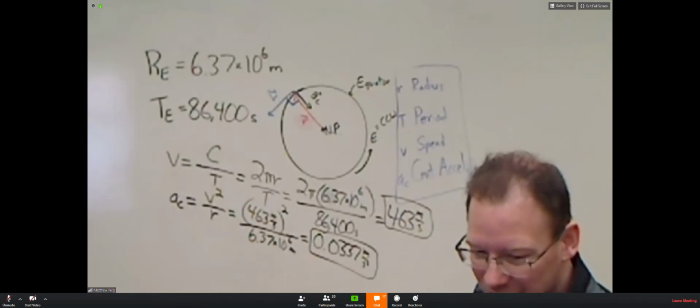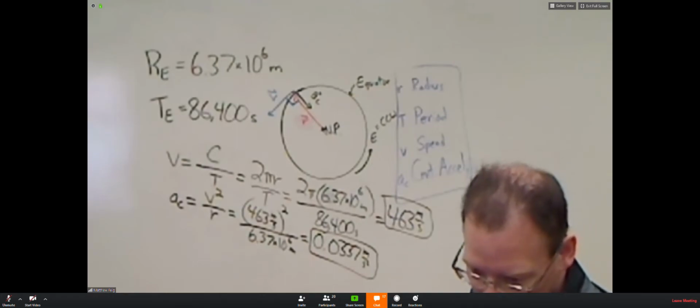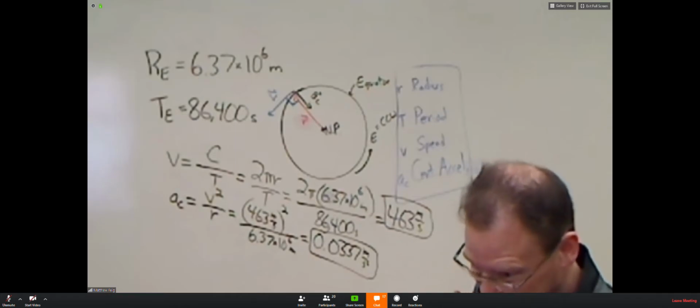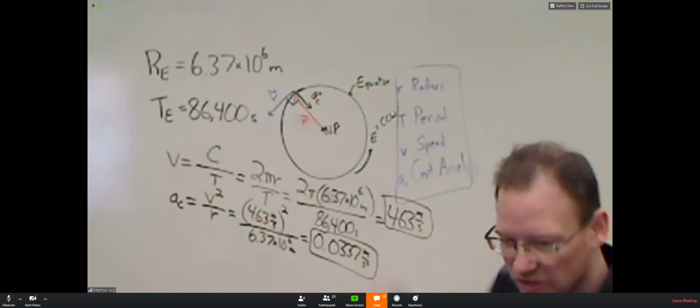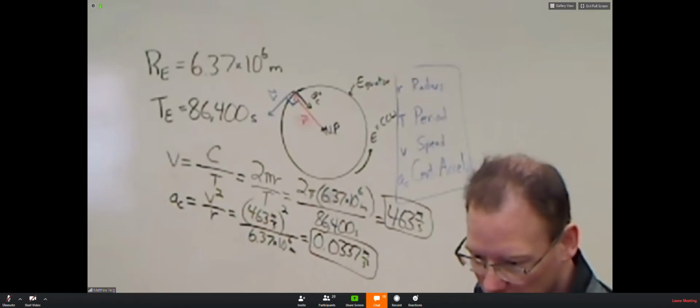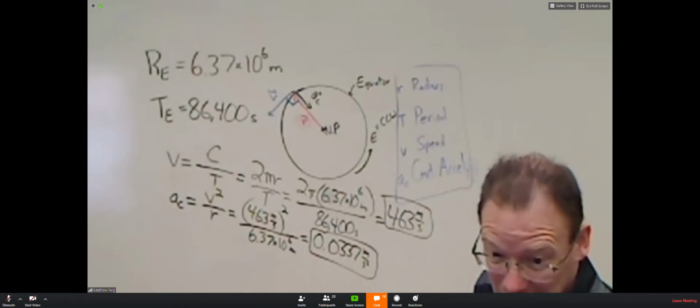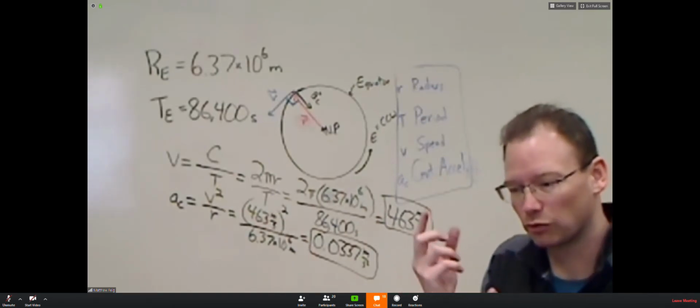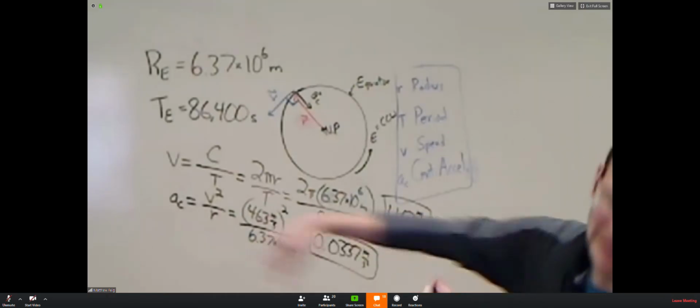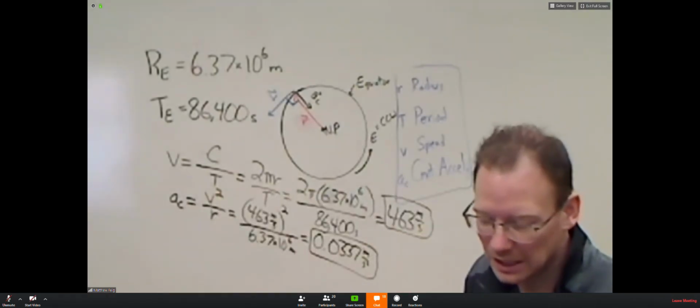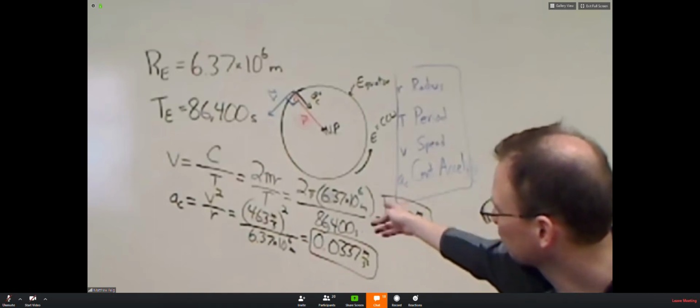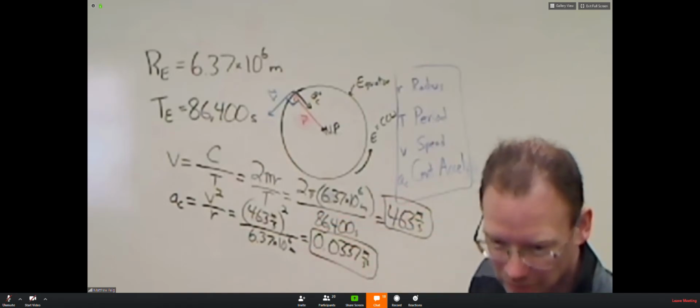How fast is the North Pole moving as the Earth rotates? How fast are points on the axis of the Earth moving? They're not moving, right? The North Pole is kind of rotating in place, but it's not executing a large circular path. So if the North Pole isn't moving, what's the centripetal acceleration at the North Pole?